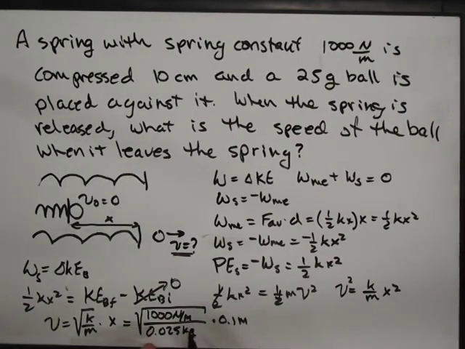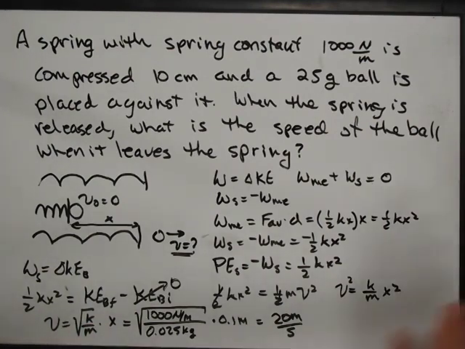Right. Well, 1 over 0.025 is 40, so this is the square root of 40,000, which is 200, times 0.1, which is 20. You can check that math on your own. This is 20 meters per second. And so that's the speed. The work done is the change in kinetic energy.